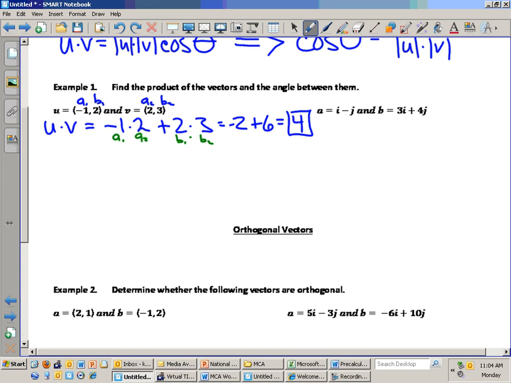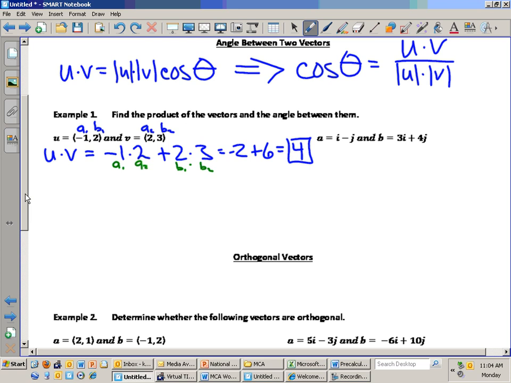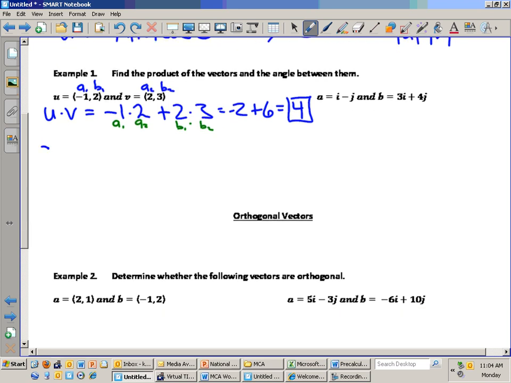All right, now we've got to find the angle between them. You have two formulas you can choose from. Either U times V is equal to the magnitude of U times magnitude of V times cosine of theta, or cosine of theta is equal to that thing over there. I like to use the equation on the right-hand side, so cosine of theta is equal to, do we know what U times V is? We just figured out it's 4. Divided by, how do you figure out the magnitude of a vector?